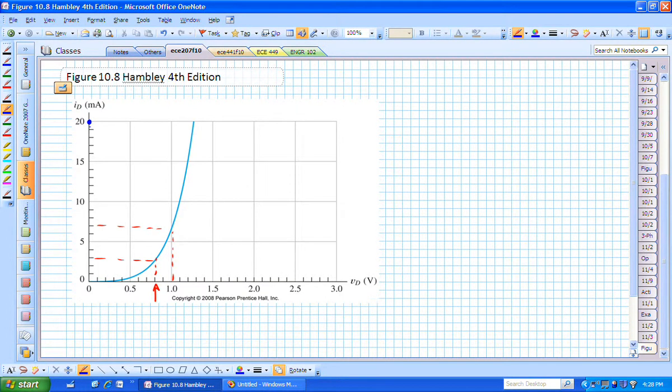Maybe I shouldn't have been doing this in blue. Let me make this, I'm not sure black's the best color either. What was our other point? 2. I should have brought a ruler. It was 2 when I sub D was 0. Now I need to connect those 2 points, which isn't going to happen very effectively. That's supposed to be a straight line.